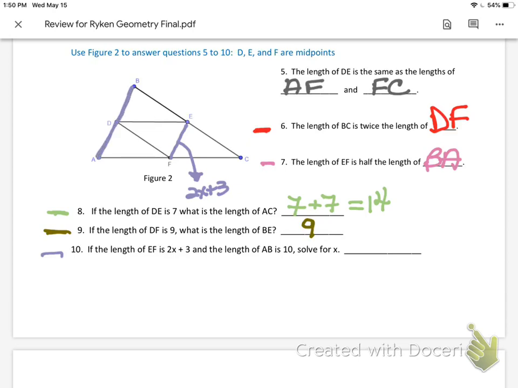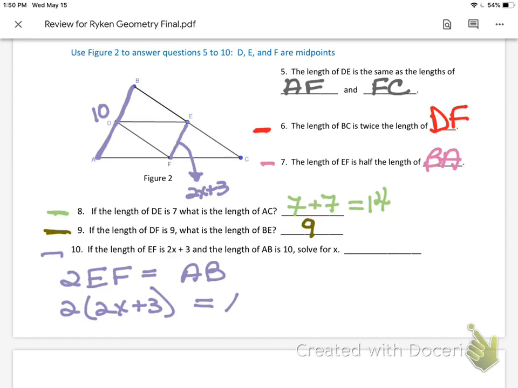Oh, AB is twice as big. So that, they say, is 10. Solve for x. So what do I know? I know that 2 times EF equals AB. So 2 times 2x plus 3 equals 10.